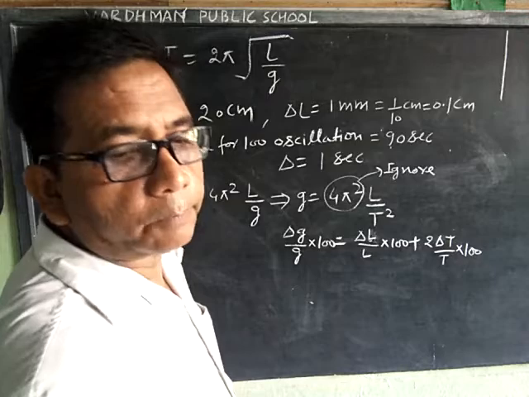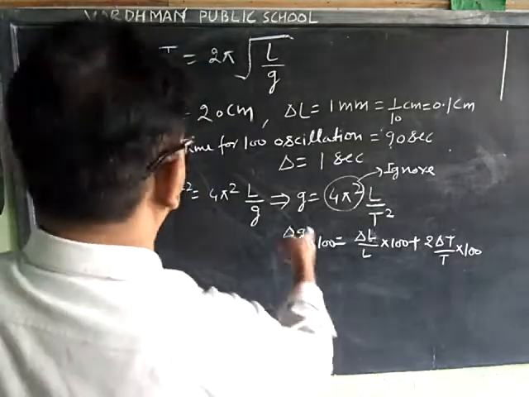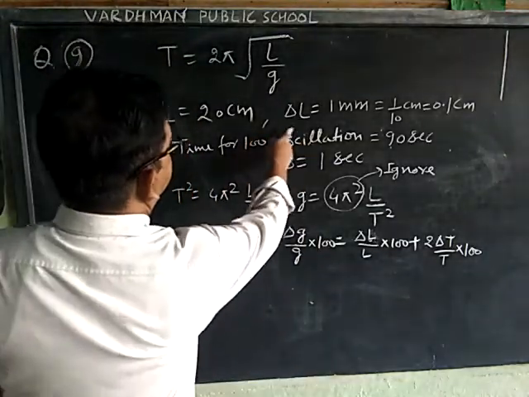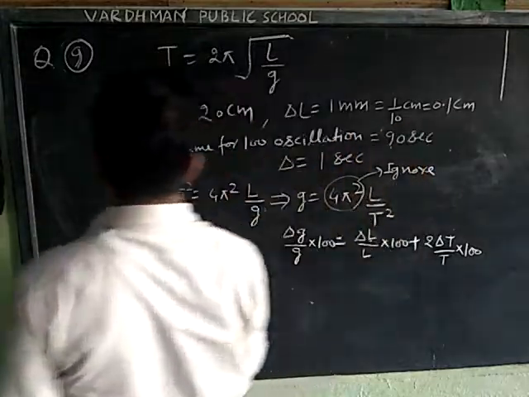Now we will put the value. Delta L is 0.1 centimeter.